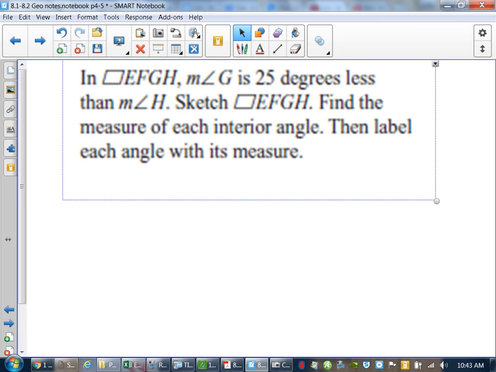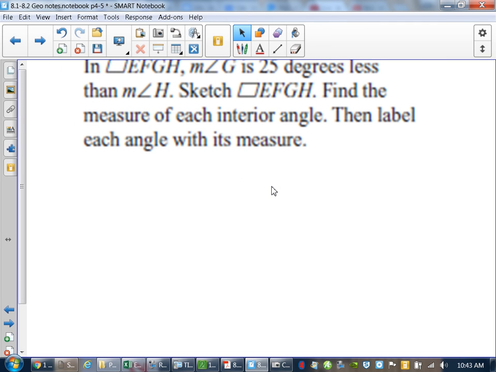So what you want to do here is draw a picture. Remember when we drew triangles and labeled the vertices, you just pick any vertex and walk your way around it. The exact same thing here, guys. Doesn't matter where you start. You just go around the diagram, just like before.